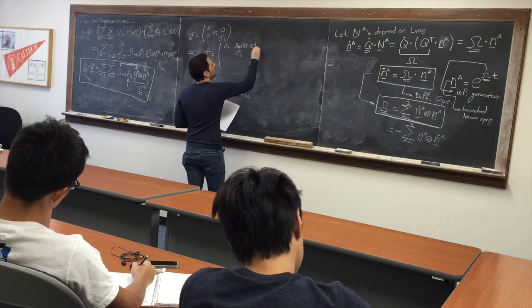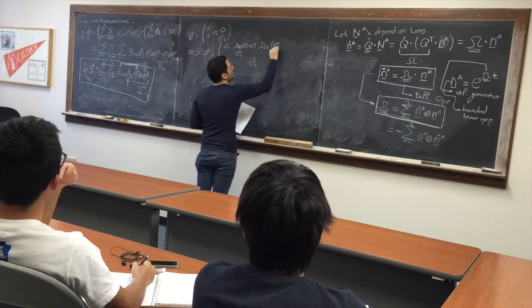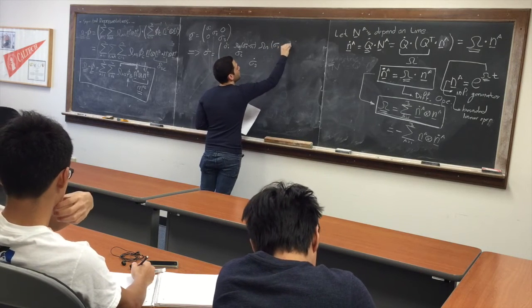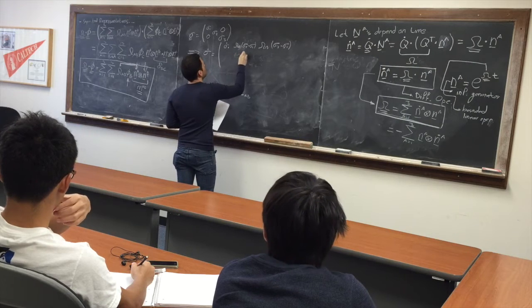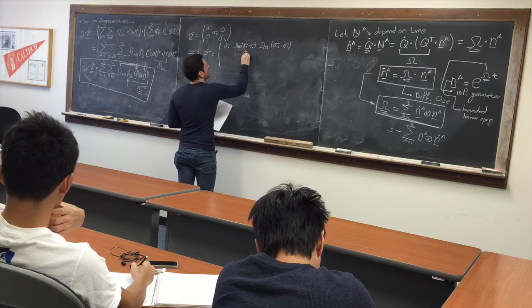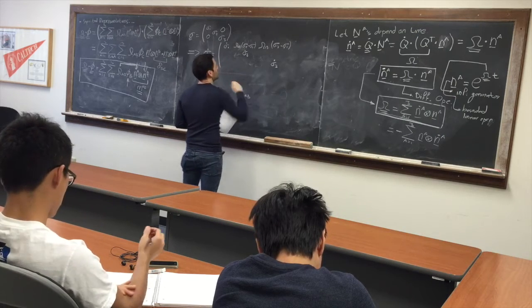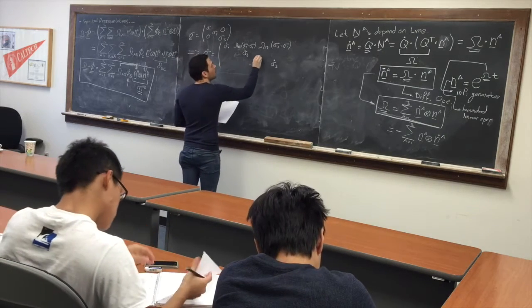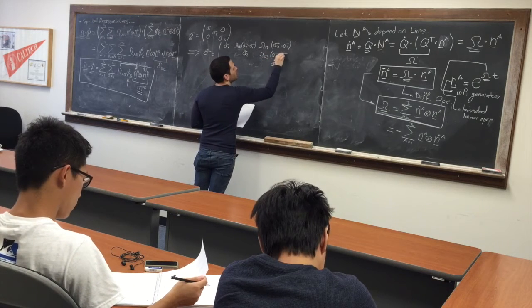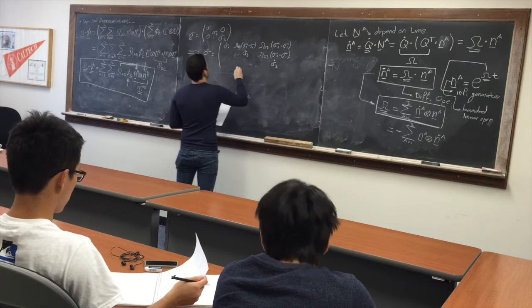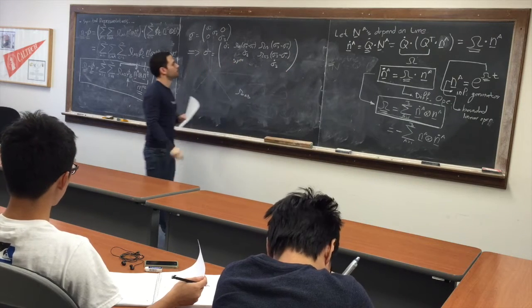And here we have omega 1, 3, sigma 3 minus sigma 1. Right? So that's omega 2, 3, sigma 3 minus sigma 2. And so on.